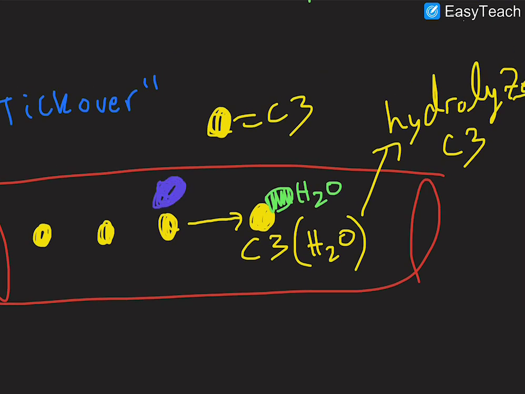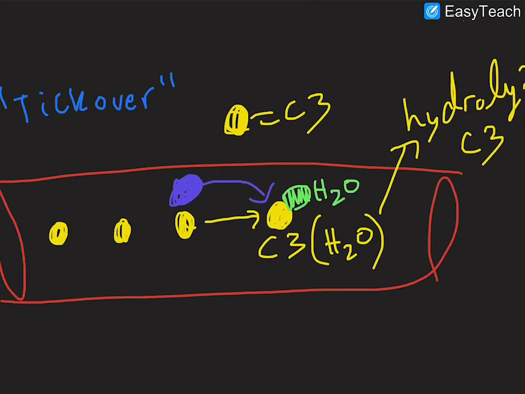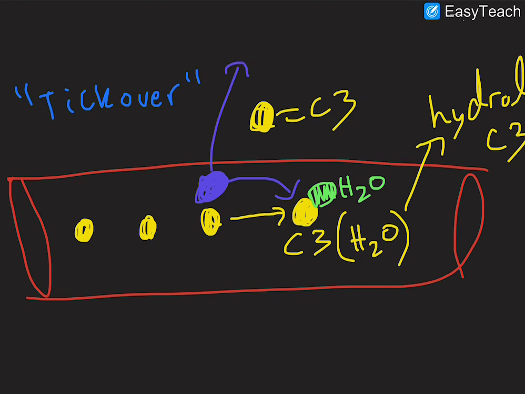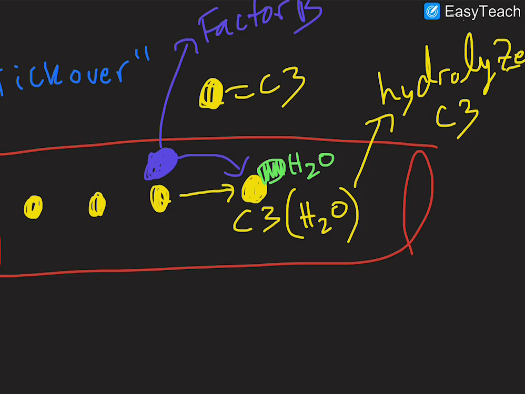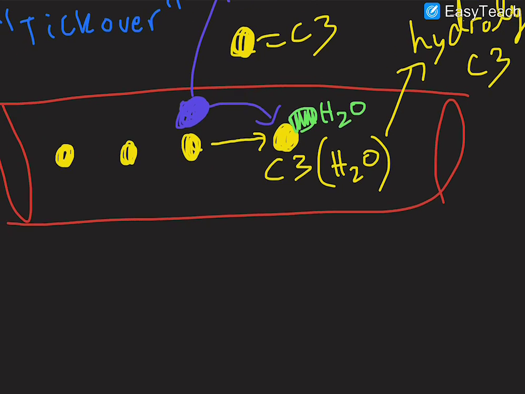Factor B is going to come and bind onto the hydrolyzed C3. So let's go ahead and represent that. We're going to have C3 here and our water here, and then we're going to have factor B right here.